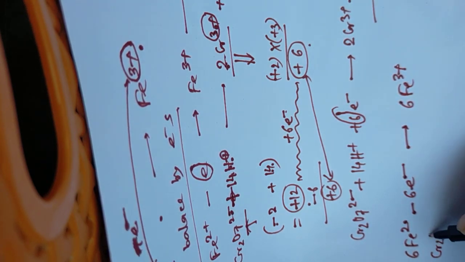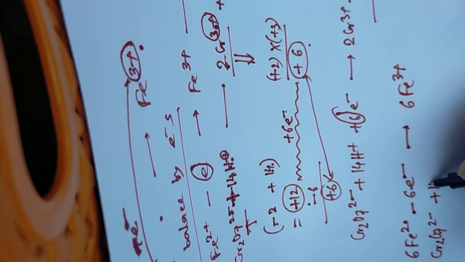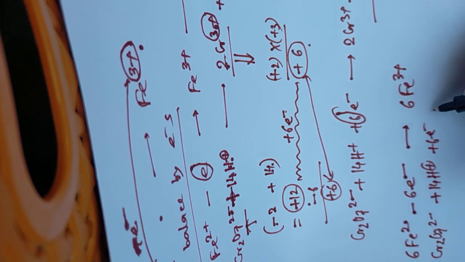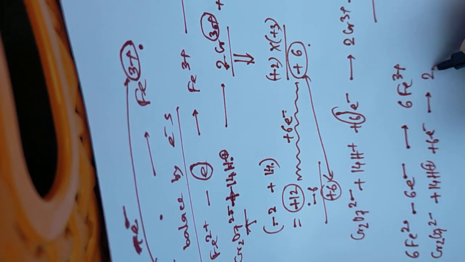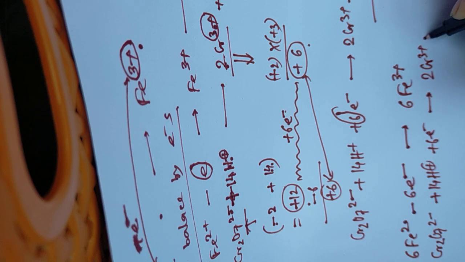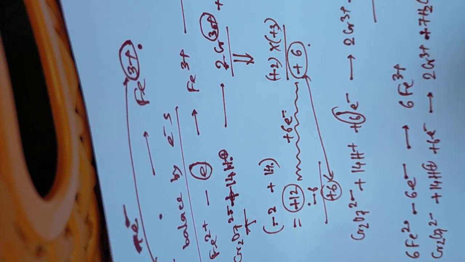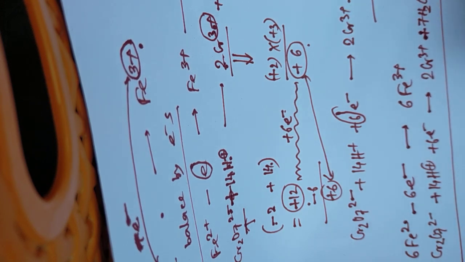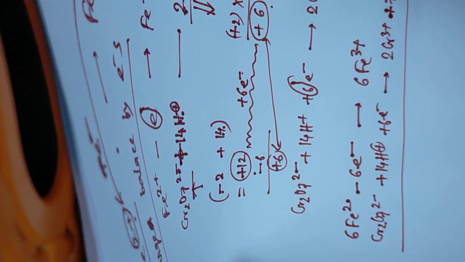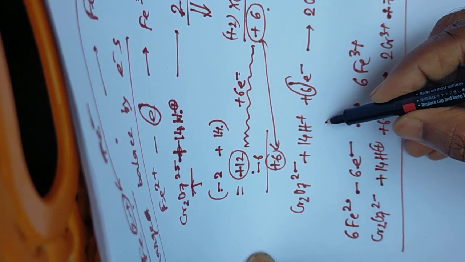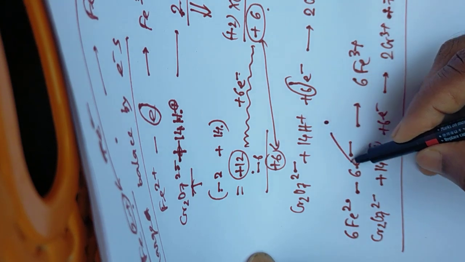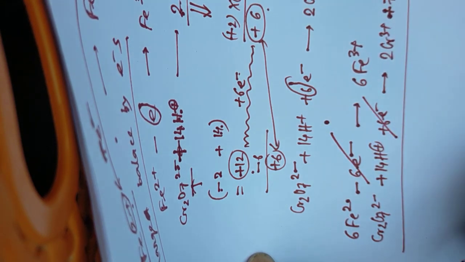Here, dichromate Cr2O7 2- plus 14H+ plus 6 electrons gives 2 Cr3+ and 7H2O. So if we add these two equations, the 6 electrons on each side cancel.